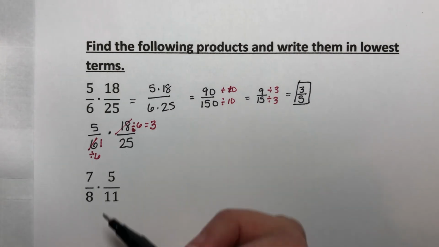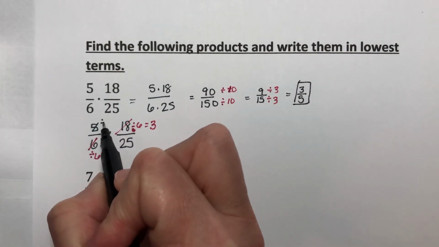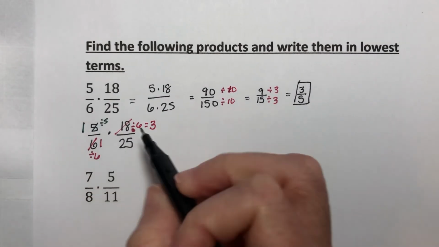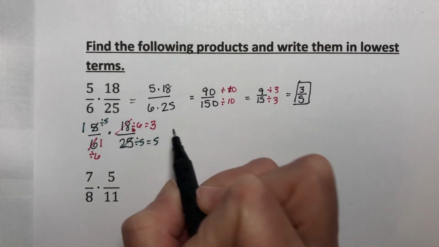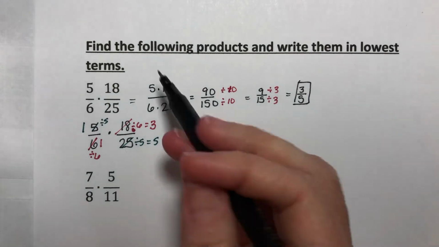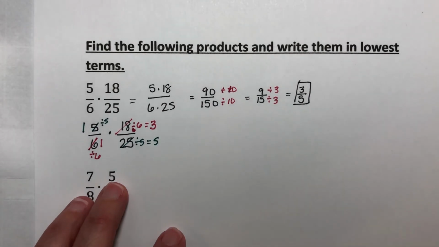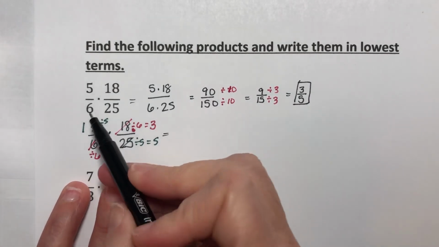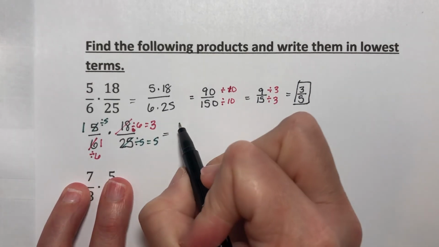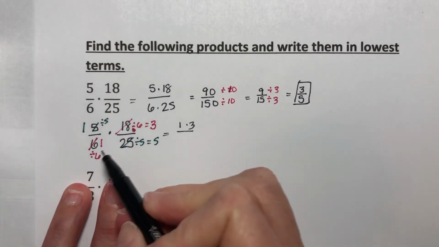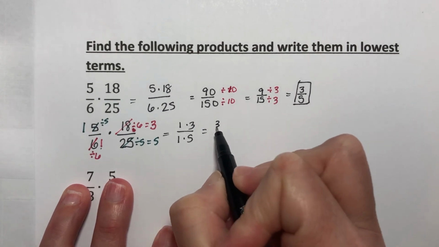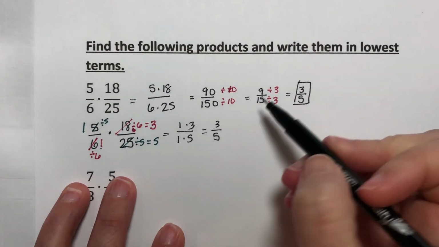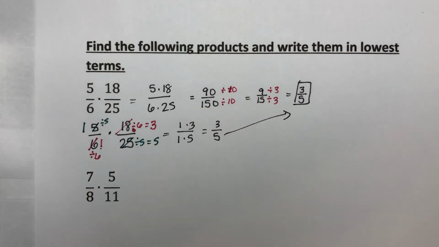They both end in 5. If I divide this by a 5, I get a 1. If I divide this by a 5, I get a 5. Now multiply what we have. I have 1 times 3 over 1 times 5, which gives me 3/5, which is the same as that. We get to deal with smaller numbers.